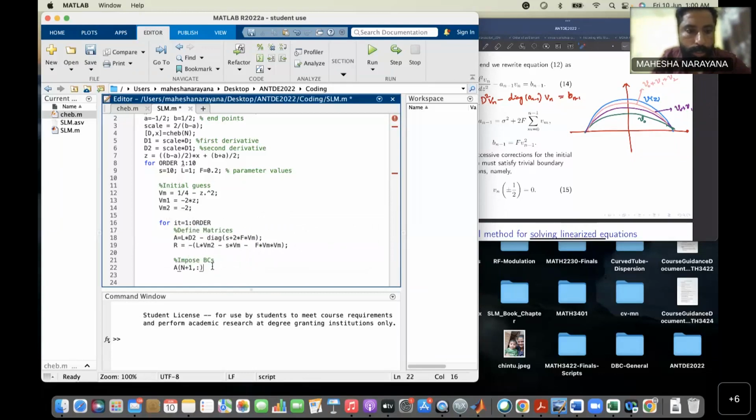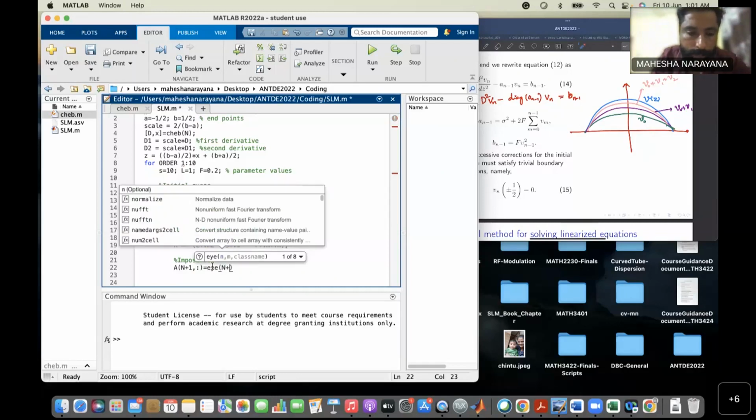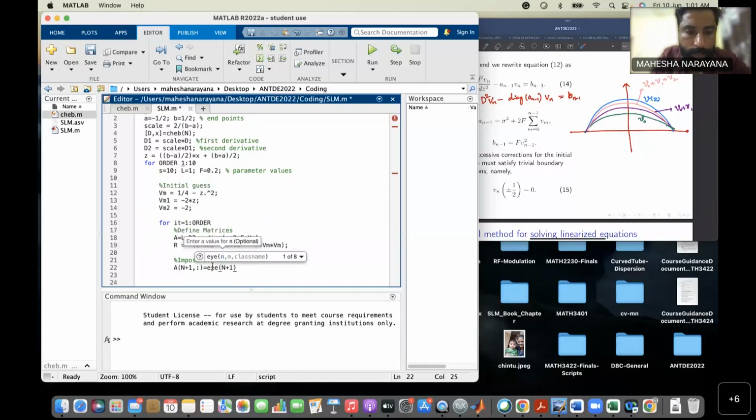In MATLAB, the identity matrix is given by EYE. Okay, so EYE, that's the last row of the identity matrix. Just to be specific, because we don't know the dimension of the identity matrix, let's mention it as 1 to n plus 1.